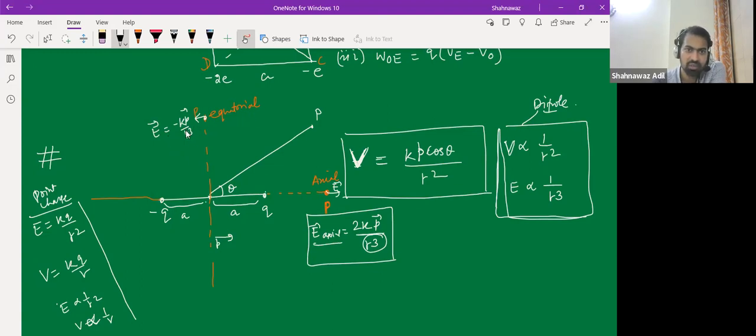So the electric field varies as 1 over r cube, and the potential varies as 1 over r square. Is this clear, Rabia?